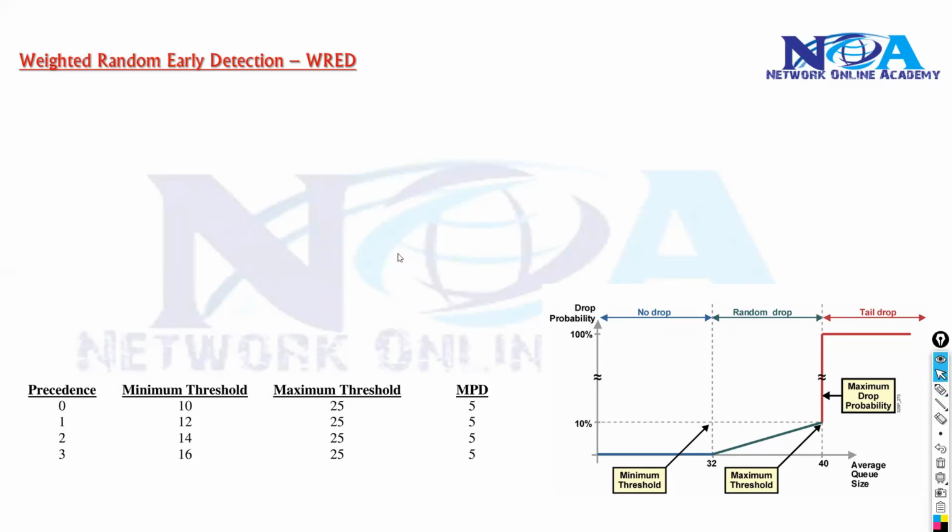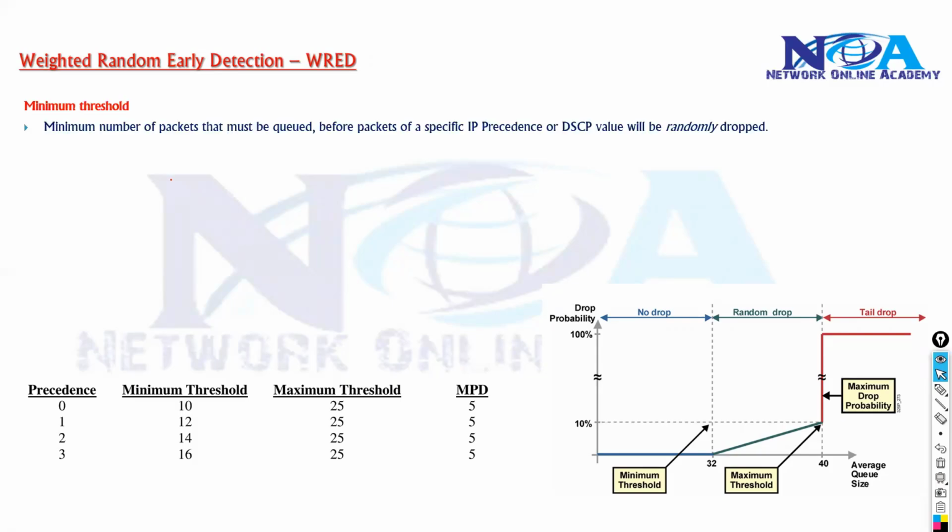First, let's understand the minimum threshold value. The minimum threshold value indicates the minimum number of packets that must be queued. In this example, if the precedence value is 0, the minimum packet count is 10. That means anything less than 10, there will be no drop for precedence value 0. If the precedence value is 1, it can be 12, 14, or 16.